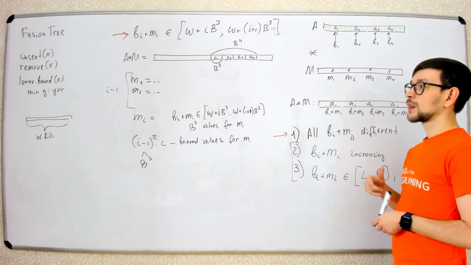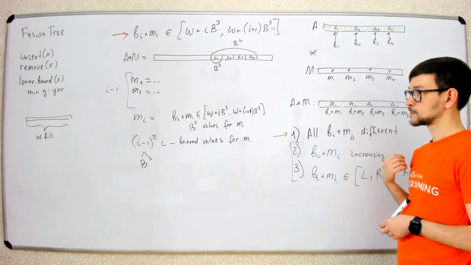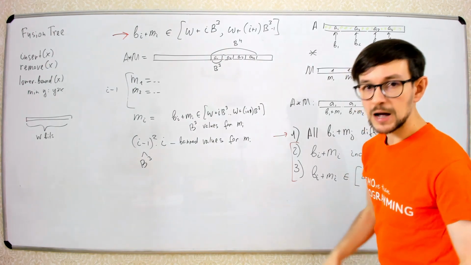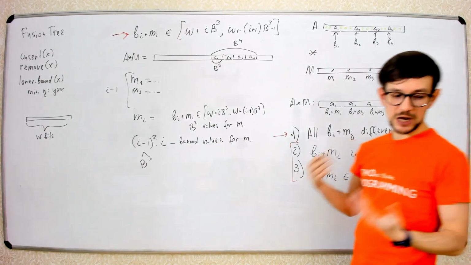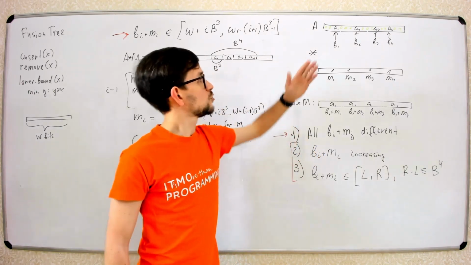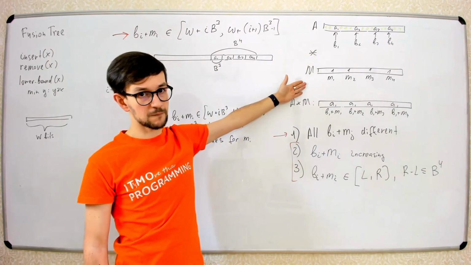Okay, that's all. So again, how do you build the sketch? When you need to have the sketch of this long integer a, you just take your integer a, multiply it by this pre-calculated mask m.